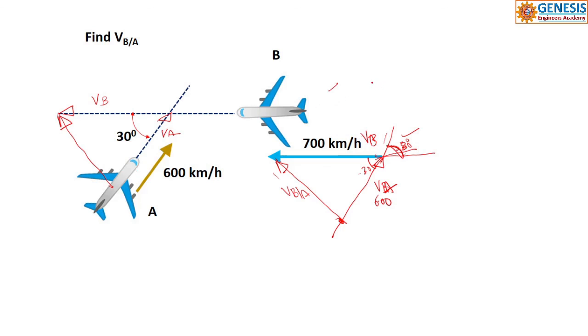If the magnitude is required, then the angle comes into action. So what is VBA? VBA is VB minus VA. So VB is 700, VA is 600, so this is 100. That is the answer for that. He is asking simply that.